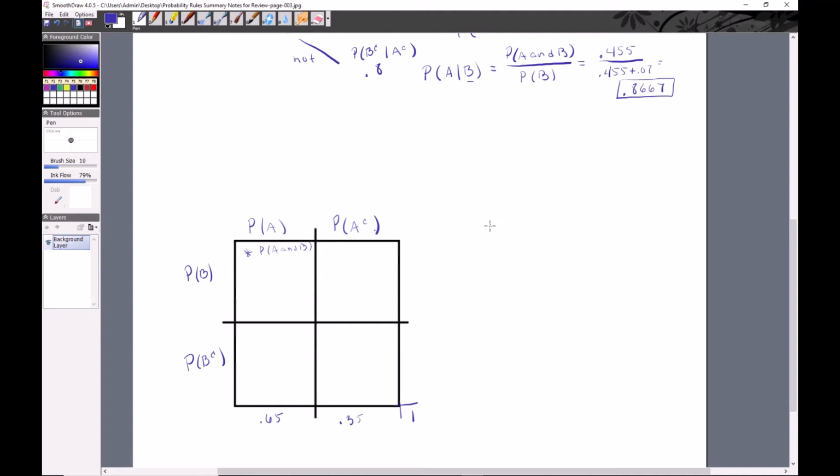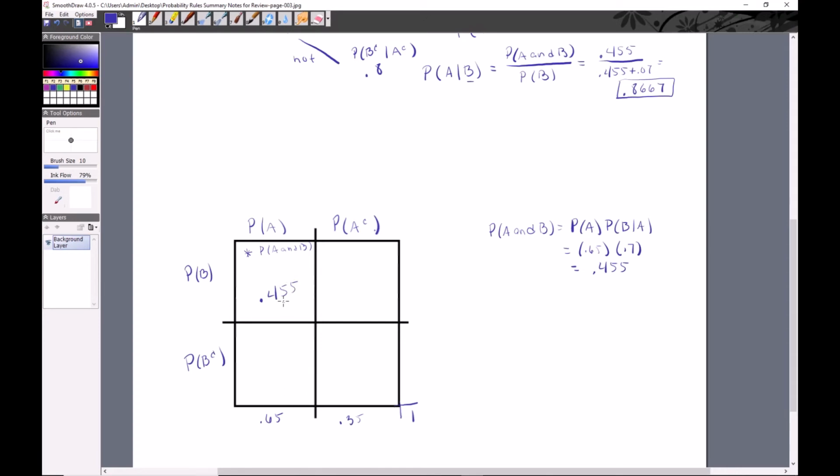So the probability of A and B is going to be the probability of A times the probability of B given A. And we know those things. The probability of A was 0.65, and the probability of B given A was 0.7. So that joint probability should be 0.455. That should look like a familiar number.